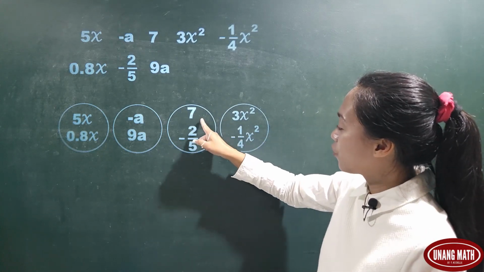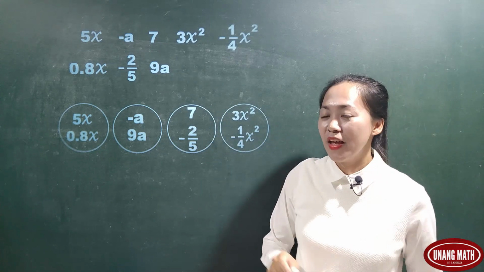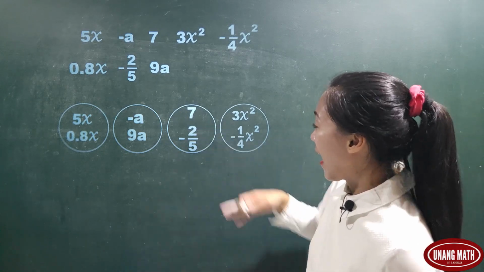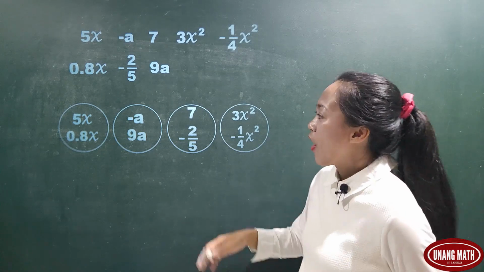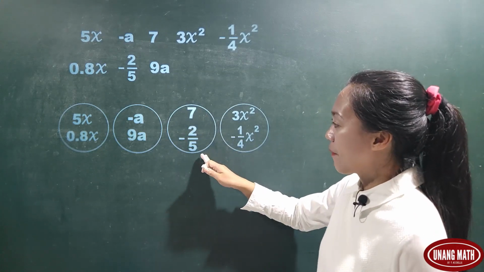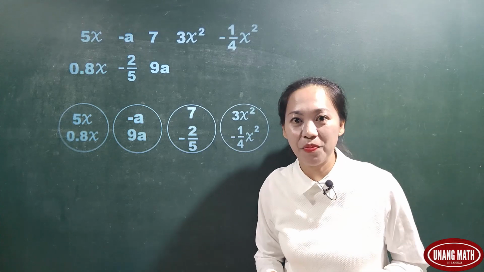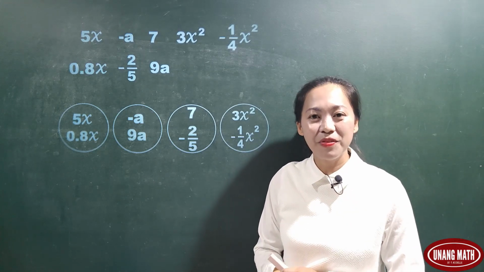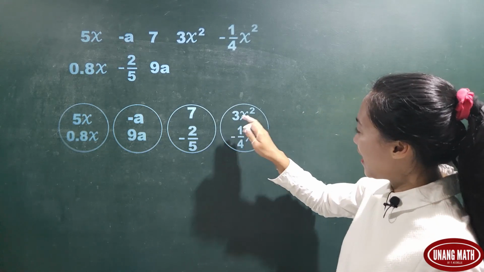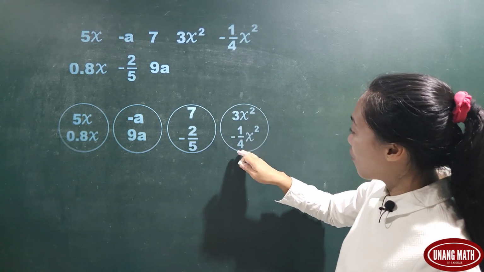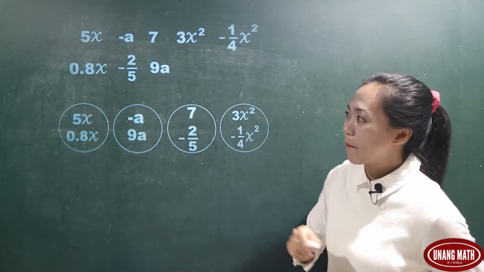7 and negative 2 over 5. If you're going to ask, they don't have variables. These are just numbers. 7 and negative 2 over 5 are constant terms, and constant terms are considered like terms. We also have 3x squared and negative 1 over 4x squared.